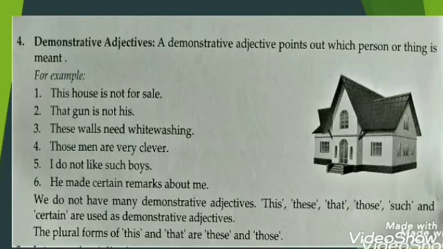Once again I will say, if an object is near to you, you are going to use this and these. But for the objects which are far from you, use that and those. Children, this and that tell about singular nouns and these and those tell about plural nouns.